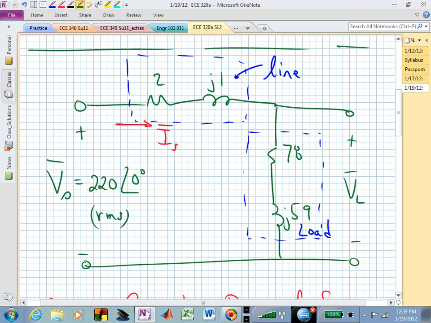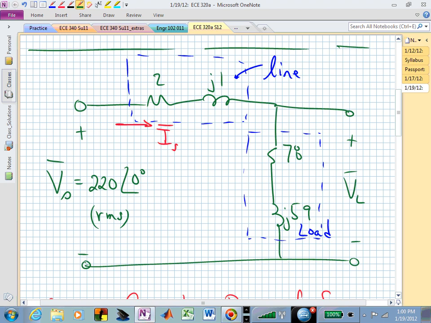How are you attacking this problem? I wanted the power, the complex power of the load. How did you approach the problem? Okay, you could first find this voltage, V sub L bar. And how do you do that? This is Ohm's law, right? If you can't get started, what have we learned?